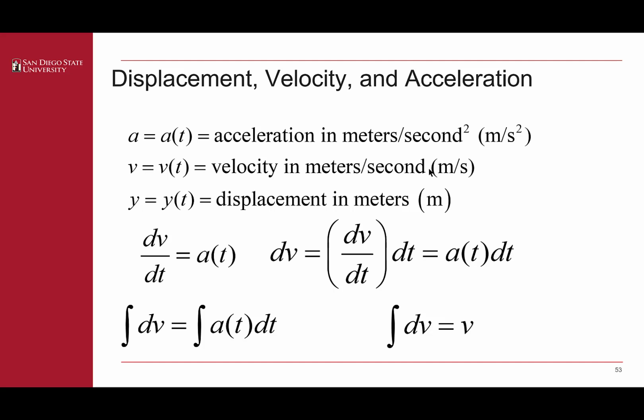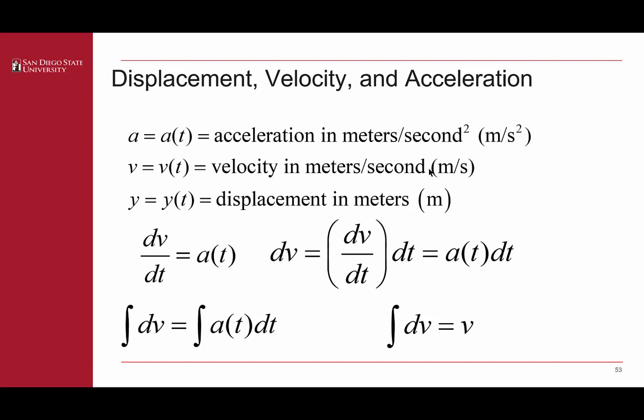And dv here is dv/dt times dt, which is a of t dt, just from an algebraic play. Algebraic play will give us this relation. And from this point we can take the integral of dv. And the integral of dv would be the integral of a of t dt. So we can take the integral of both sides of the equation on the above line.